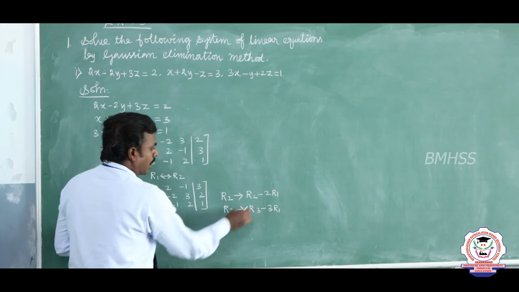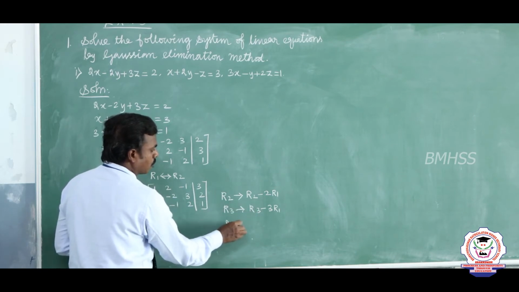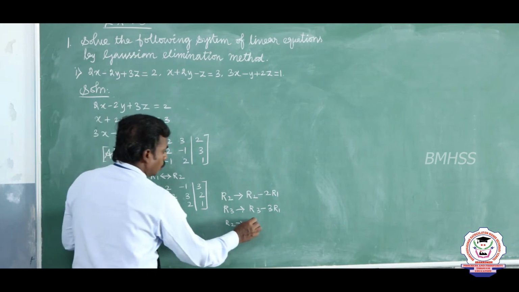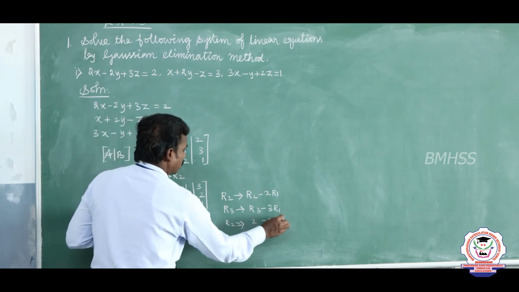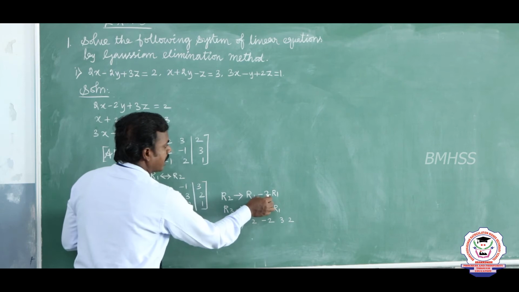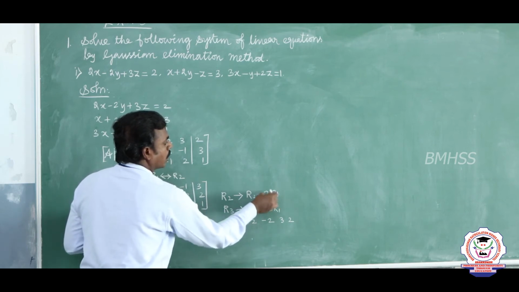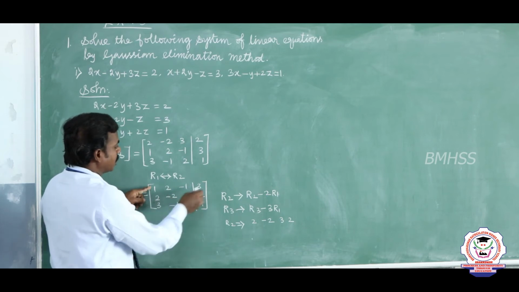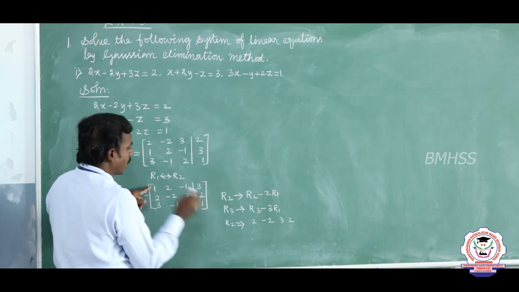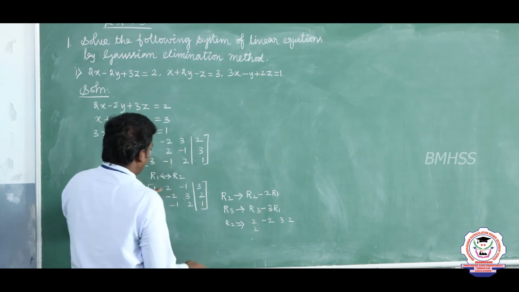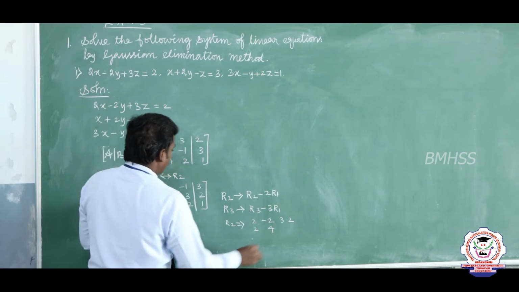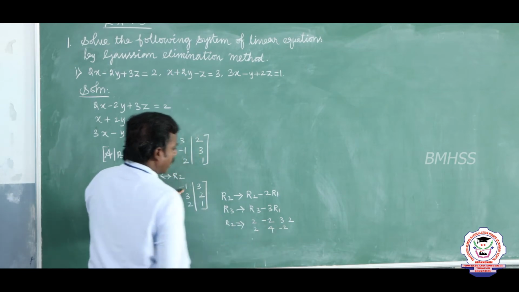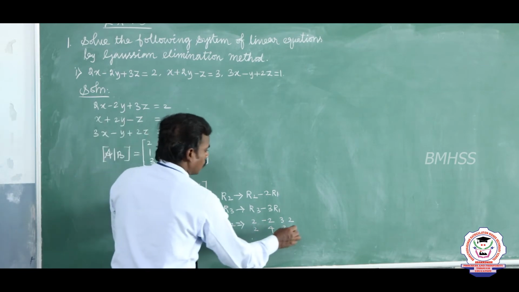First I am going to write the R2 changes. What are the elements in the second row? 2, minus 2, 3, 2. Now minus 2 R1: the first row is going to be multiplied by 2. 1 into 2 is 2, 2 into 2 is 4, minus 1 into 2 is minus 2, and 3 into 2 is 6.